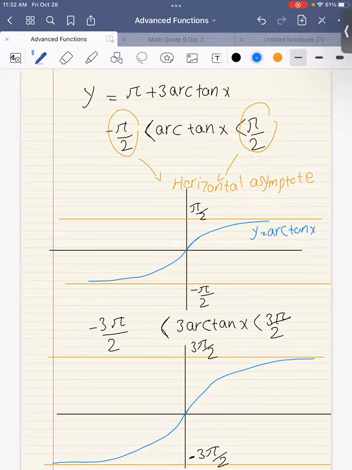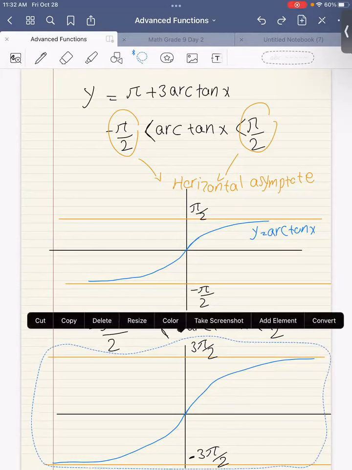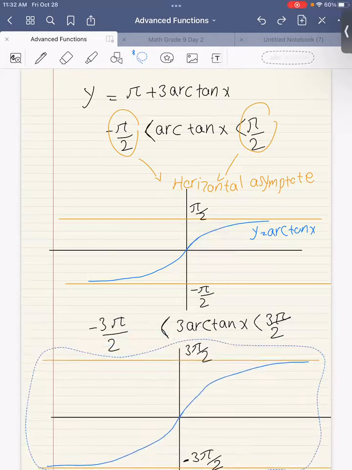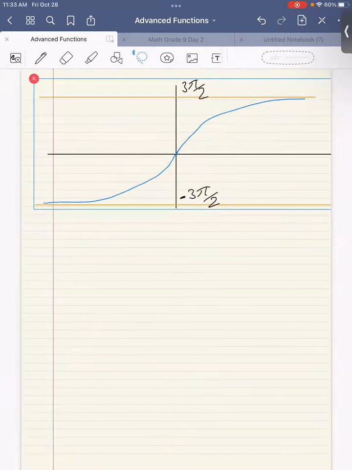When you add a number to y, you move it upward, right? Okay, so you just move it upward.